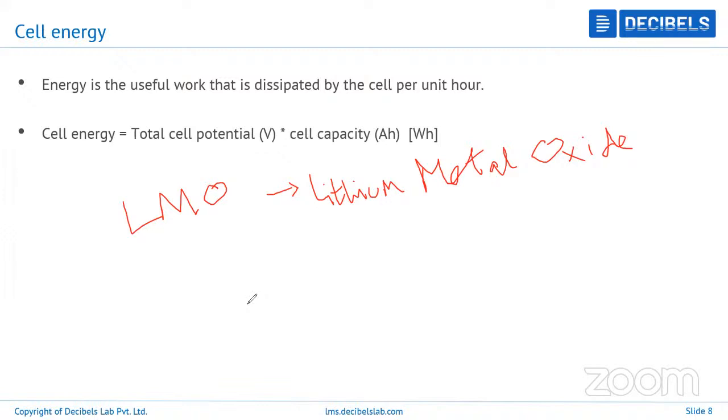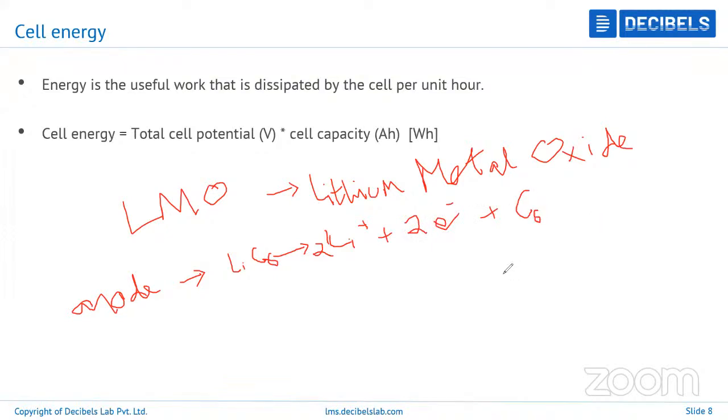It is given by the following reaction, so please do note it down. At the anode, oxidation happens. So at the anode we have lithium carbide, given by LiC6. It is oxidized into lithium ions, so that is 2 lithium ions plus 2 electrons plus carbide, where carbide is given by C6.